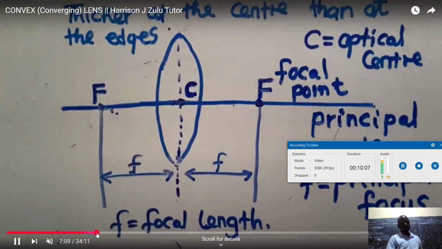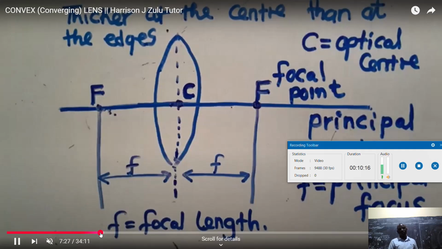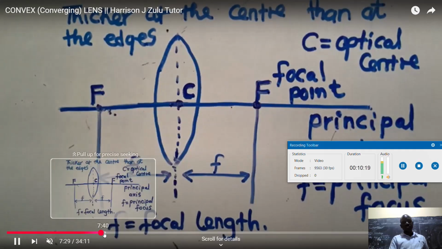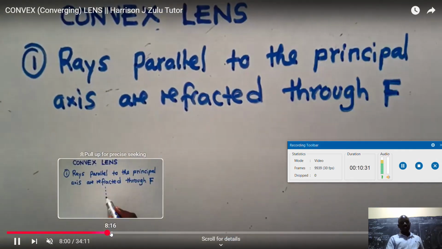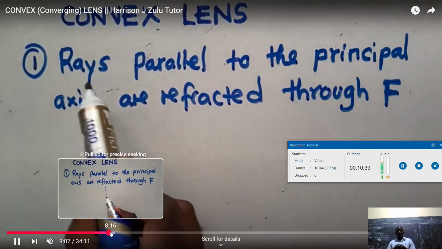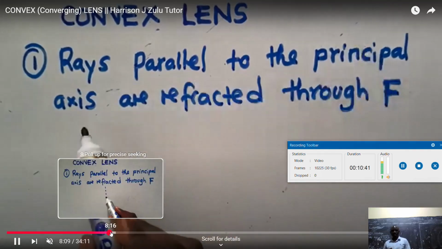So out of these three rules, rule number 1, we are going to look at how a ray which is parallel to the principal axis, or if you have an object and there is a ray which is parallel to the principal axis, moving horizontally, and once it meets the lens, it will be refracted through the principal focus on the right hand side.